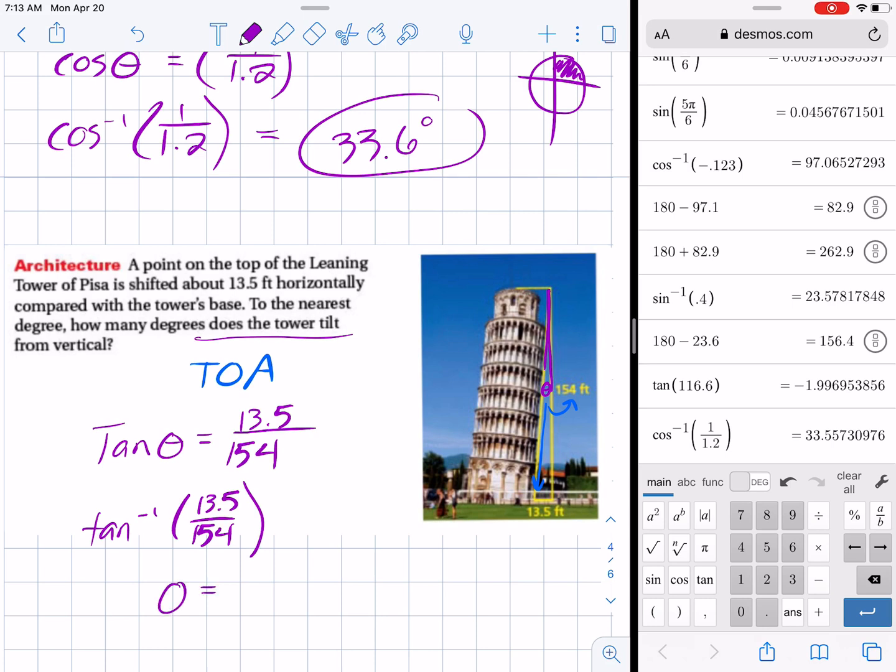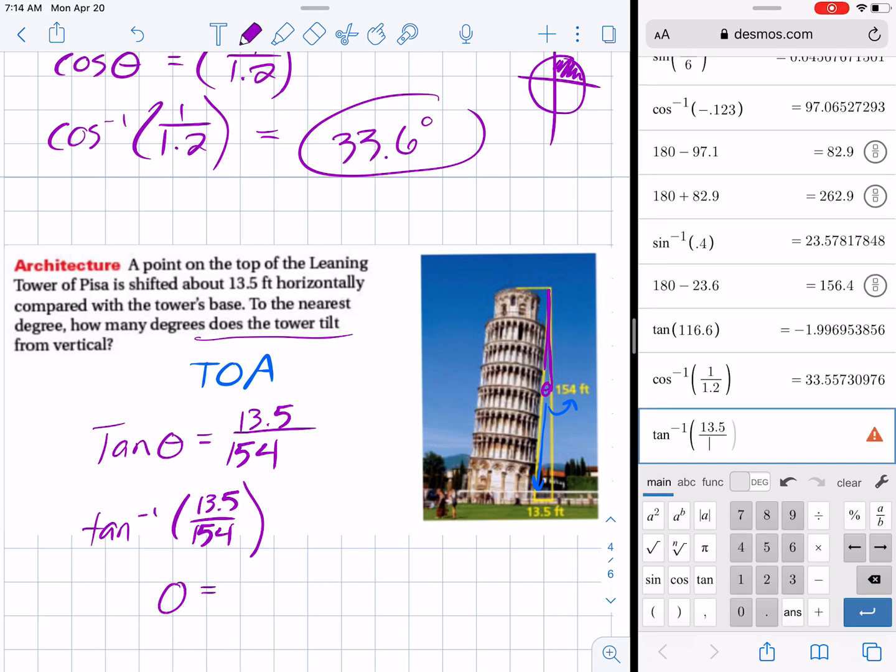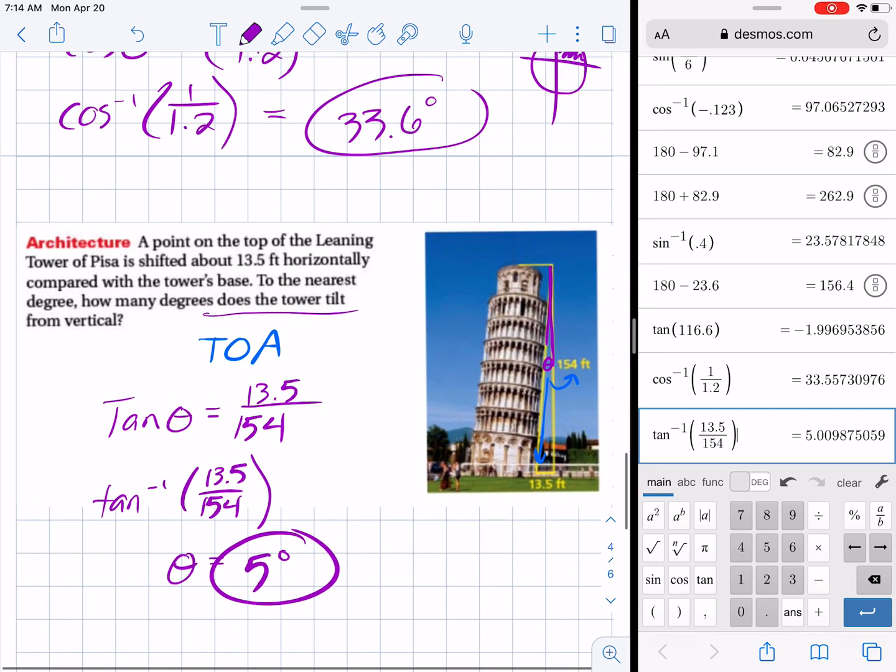Theta is inverse tangent of 13.5 over 154. The problem says round to the nearest degree, so we would say the tower tilts about 5 degrees from vertical.